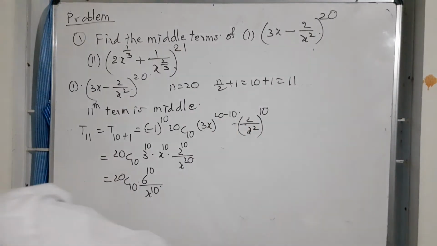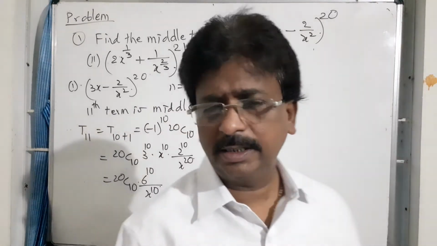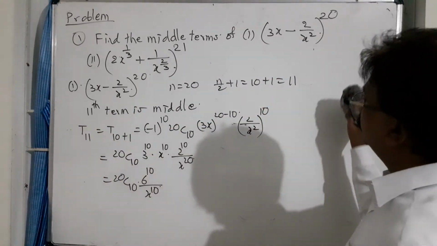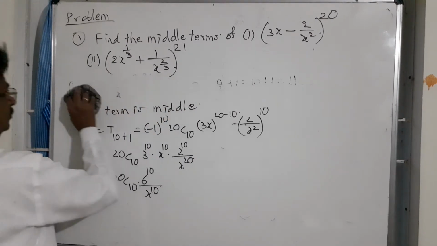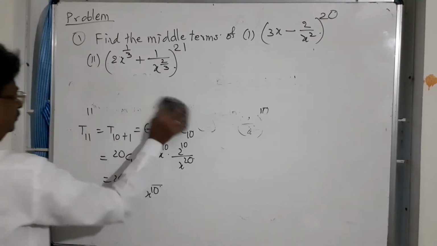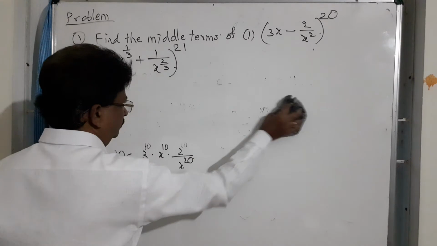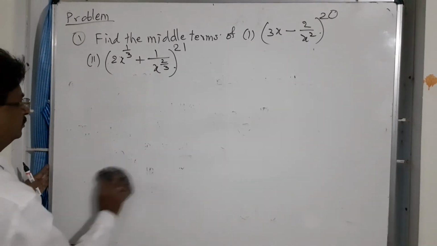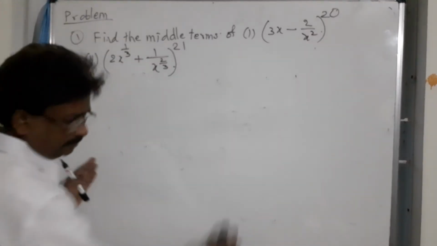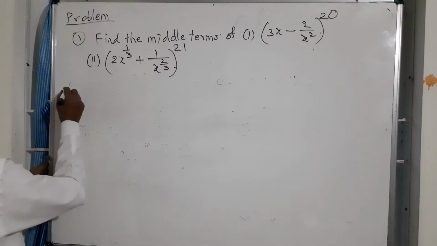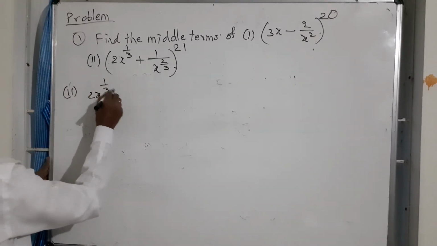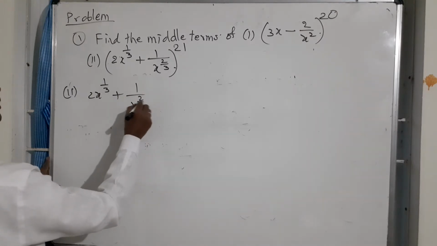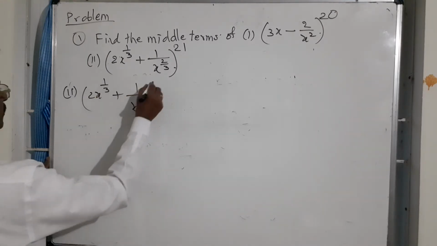The second question can also be done in the same way, but the power is 21. The second one, 2x^(1/3) + 1/x^(2/3) whole to the power of 21.